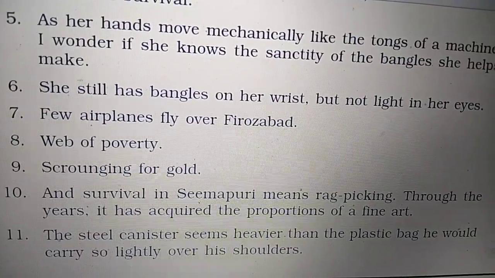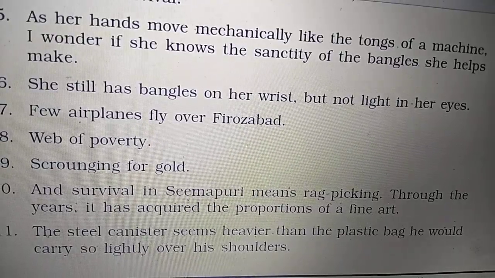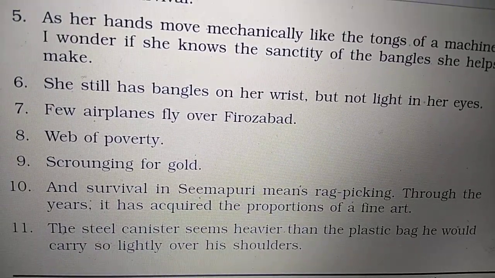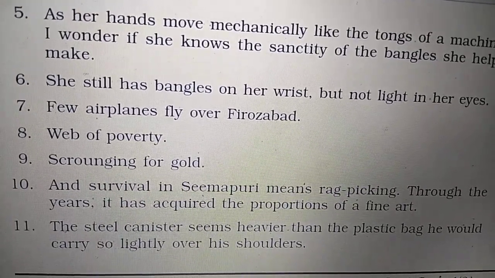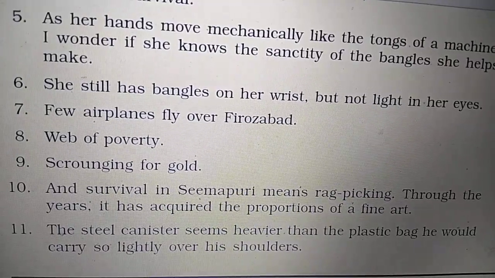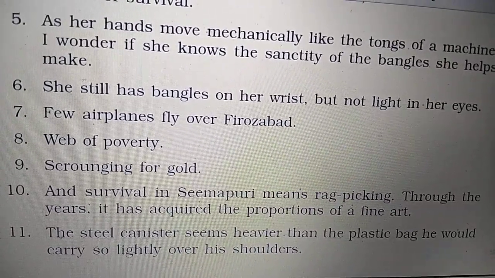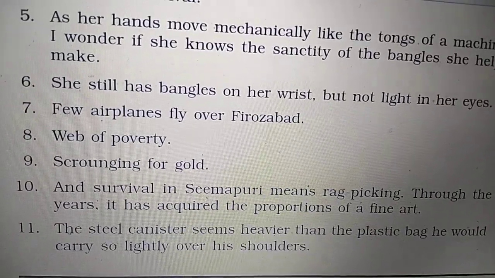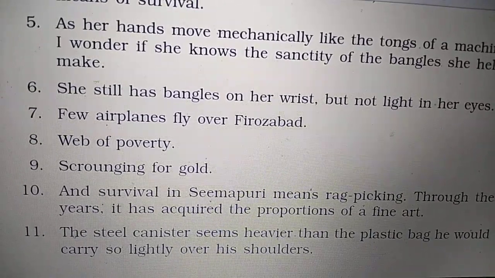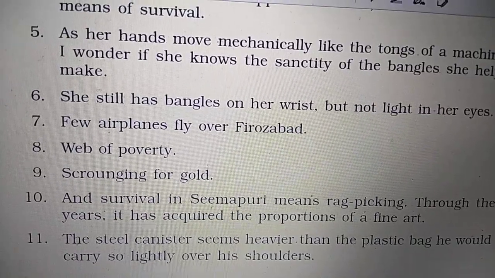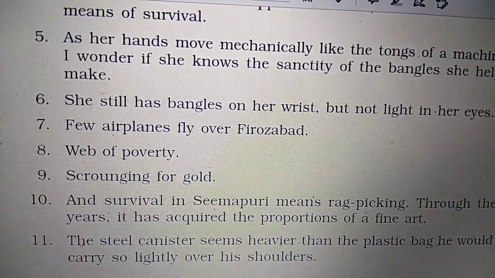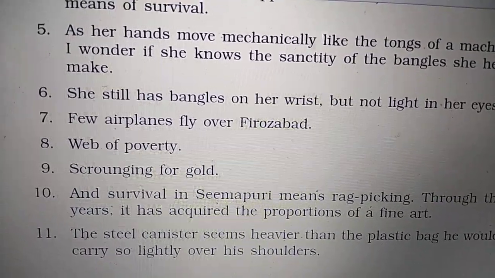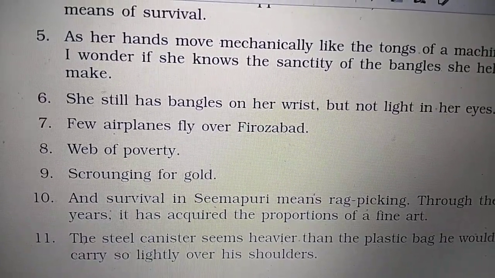And the last one is "The steel canister seems heavier than the plastic bag he would carry so lightly over his shoulders." Here the author has used the device paradox again, because here the statement may be true but seems impossible, as it contains two opposite facts.